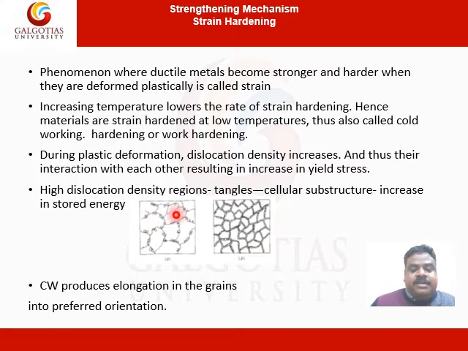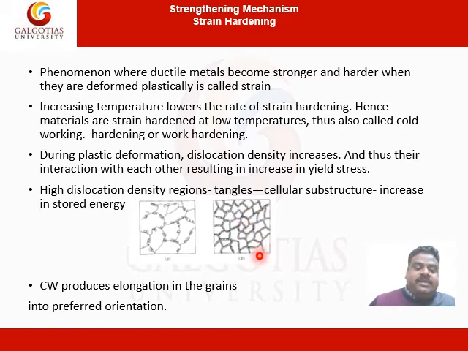So this is a typical grain boundary. Even in 10% cold worked steel, this is a typical diagram, we have high dislocation density along the grain boundary. They form a cellular substructure known as tangles. They increase the stored energy.